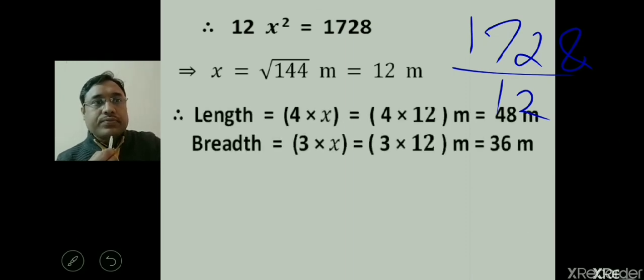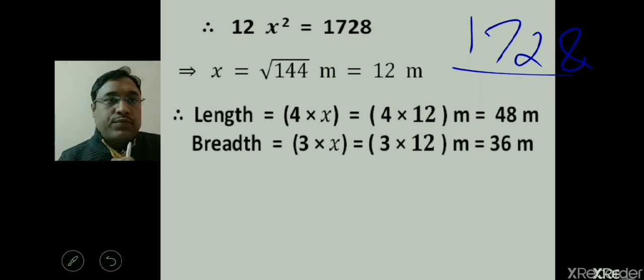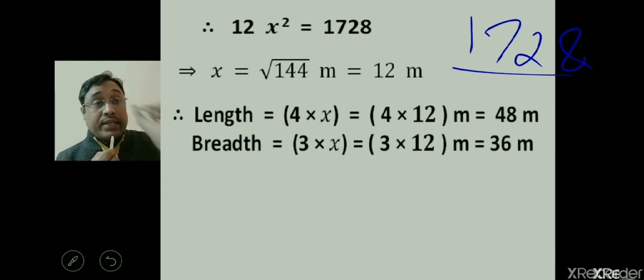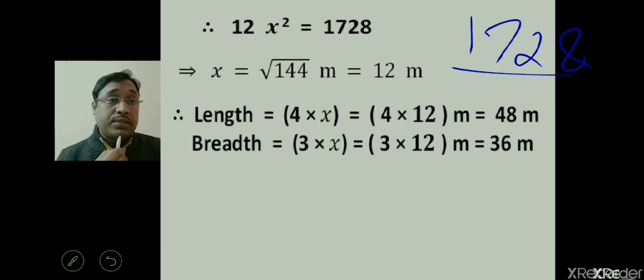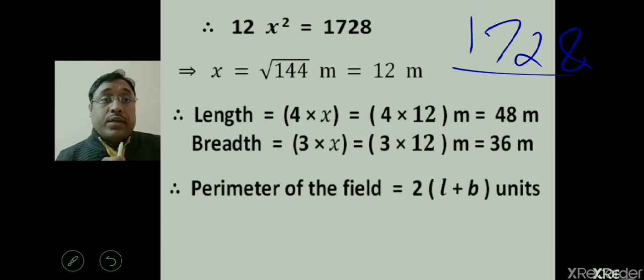So length equals 4x, meaning 4 into 12, that is 48 meter, and breadth equals 3x, meaning 3 into 12, 36 meter. Then the perimeter of the field: put the value of x, find the value of length and breadth.